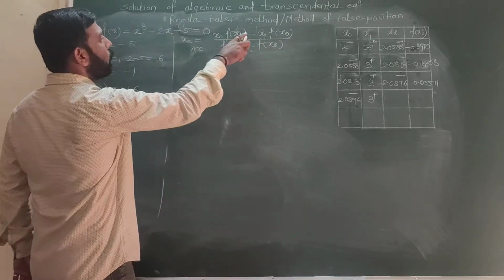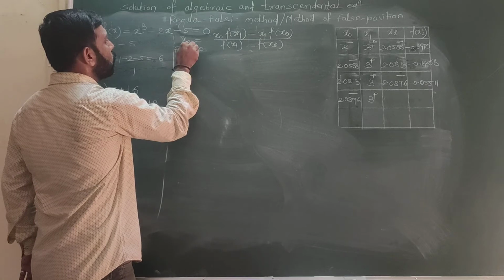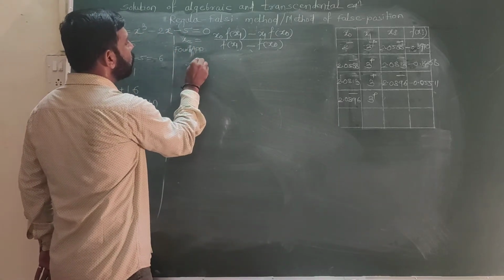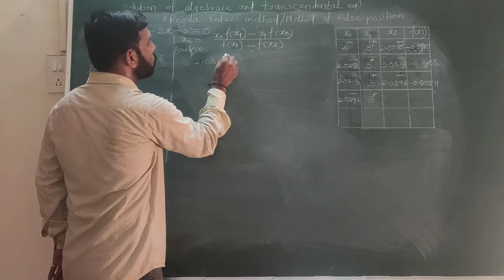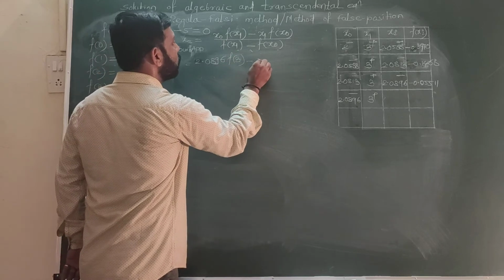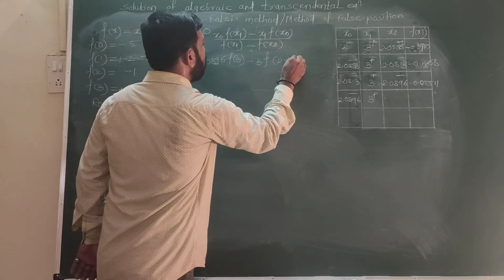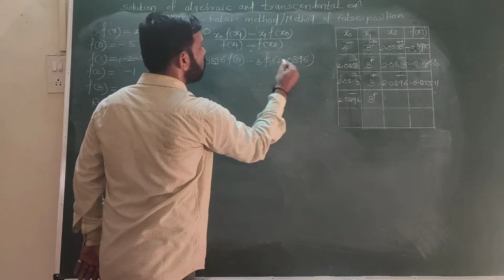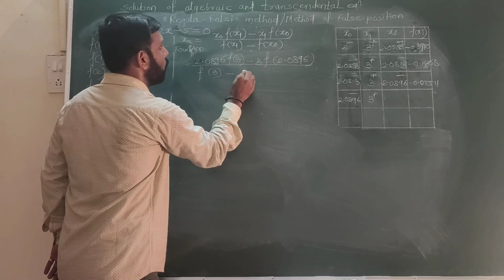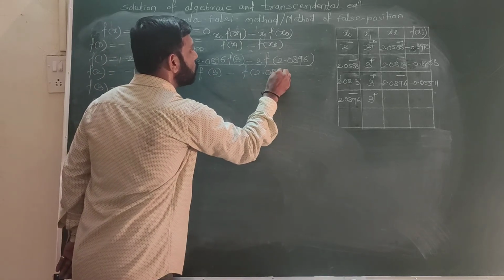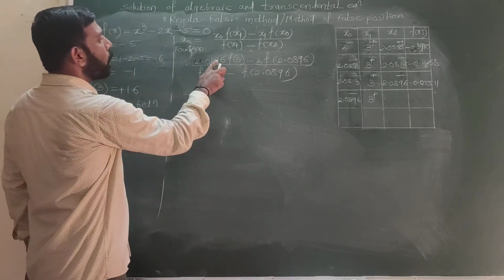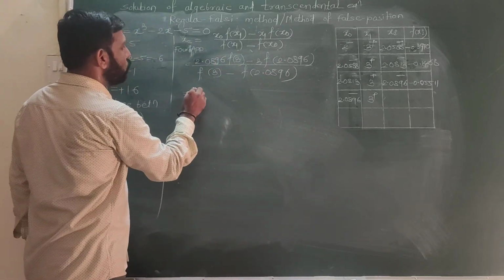Now the formula remains the same. For the approximation, the new x0 value is 2.0896, f of 3 is 16, and we calculate all these values.